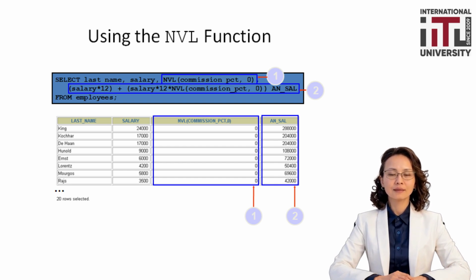For example, if commission_pct is null, it is treated as 0, so the calculation becomes simply the base annual salary. If commission exists, it is properly included in the total. Overall, NVL is essential in such cases to avoid null propagation in calculations and to produce accurate and complete results.